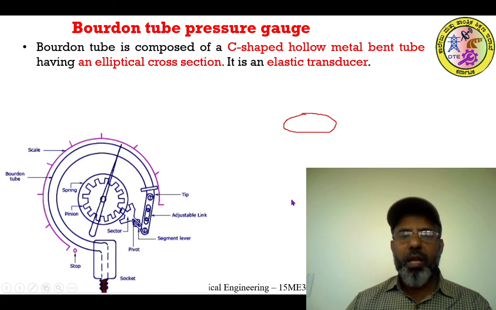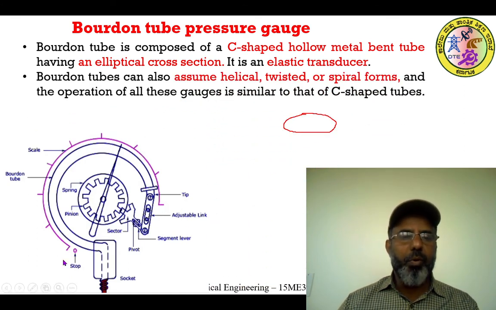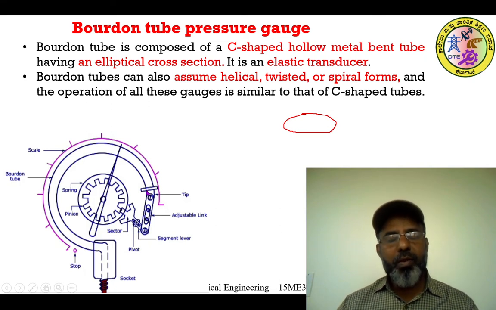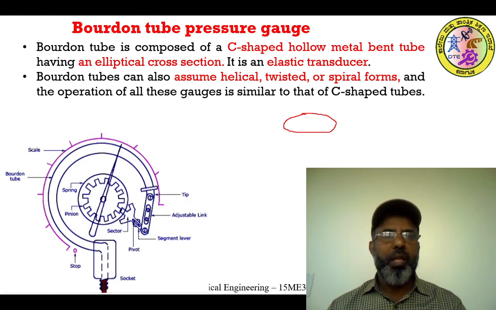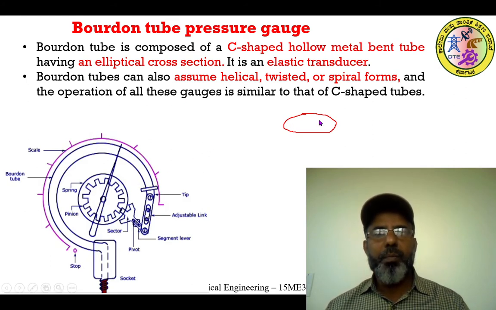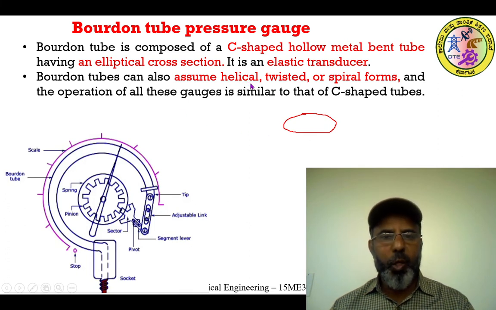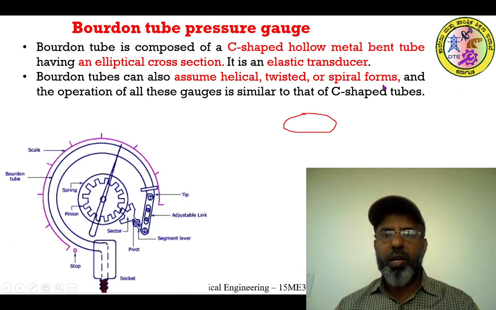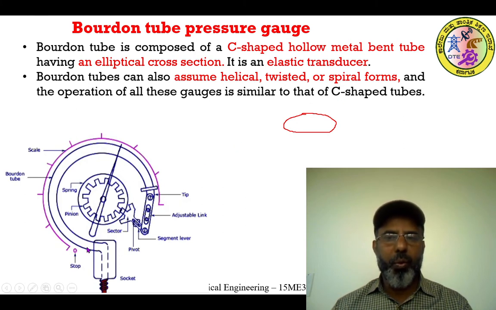In place of a C-shaped tube, as already discussed in the second chapter on transducers and strain gauges, it can also be in the form of a helical tube, twisted tube, or spiral form. But generally, all the pressure gauges employ this C-shaped tube.